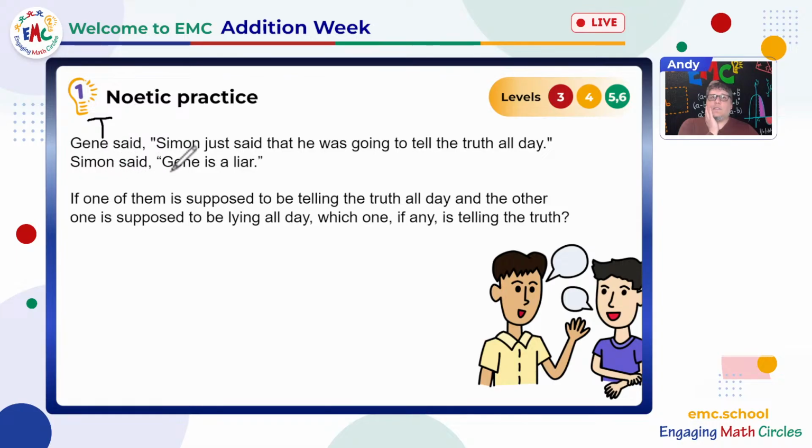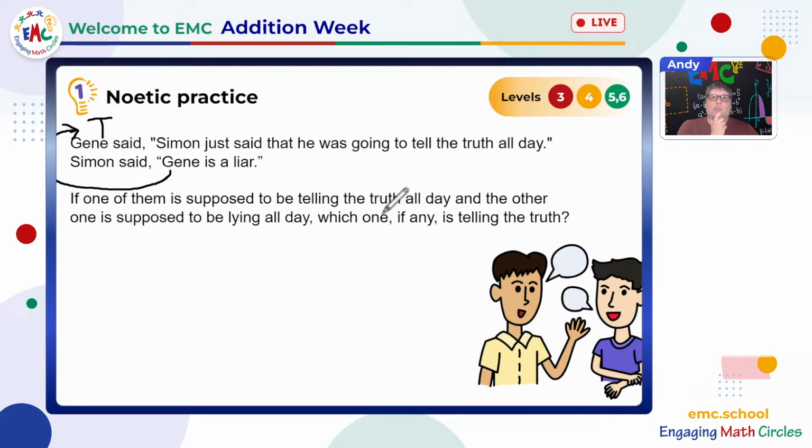Well, then, if he says Jean is a liar, then Simon couldn't be telling the truth all day, so we get a circular argument that doesn't work. Okay? So, to me, it says Simon is the actual truth teller. Okay?